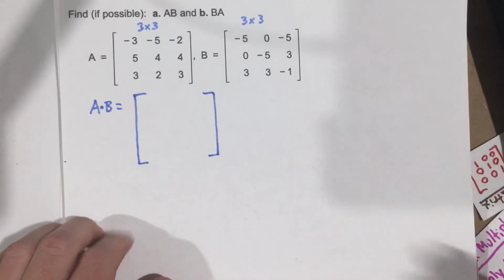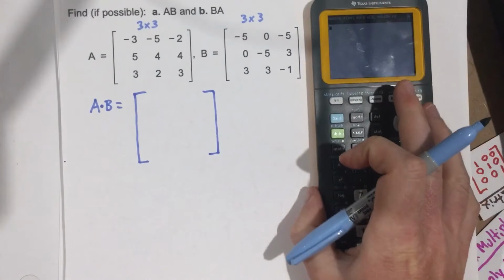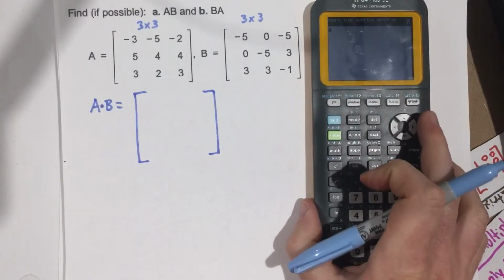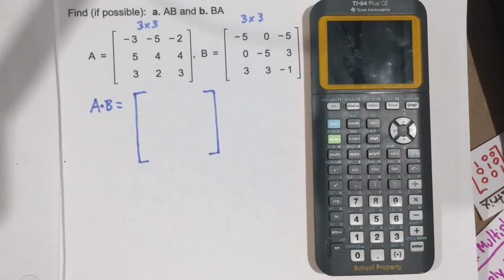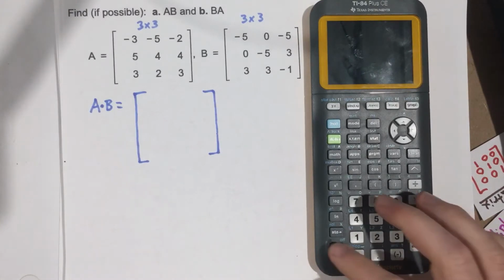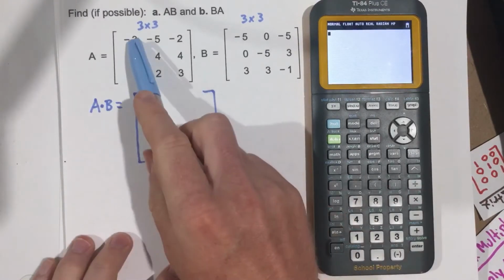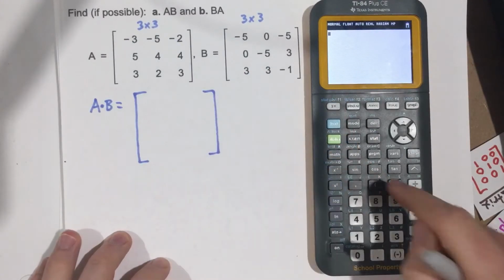All right. And we're going to do all this multiplying in the calculator, because I think this is the easiest way to go about doing it, especially if you have a TI-84. So we're going to start with the first row times the first column.